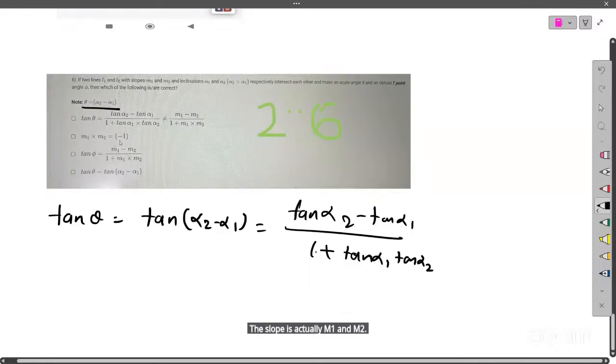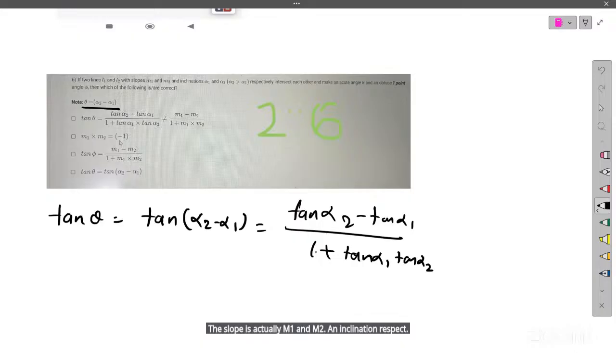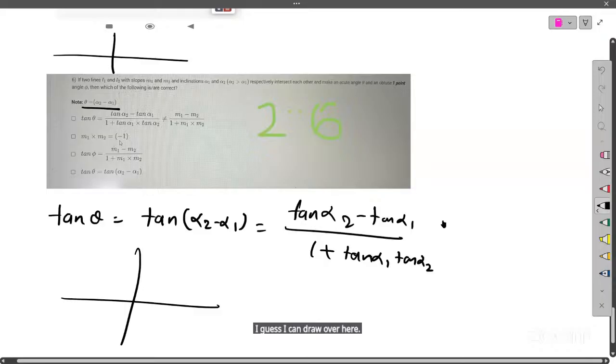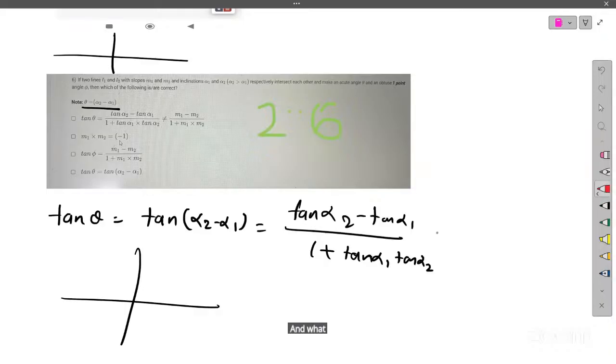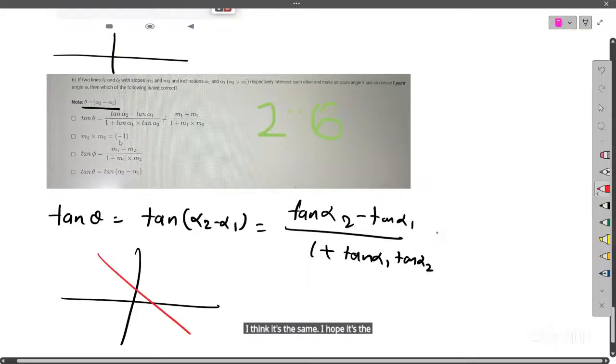And the inclinations are alpha 1 and alpha 2. They intersect each other and make an acute angle theta. Okay, so that is something like this. We have two lines. Yes, I can draw over here. What is the difference between slope and inclination? I think it's the same. So let's see.